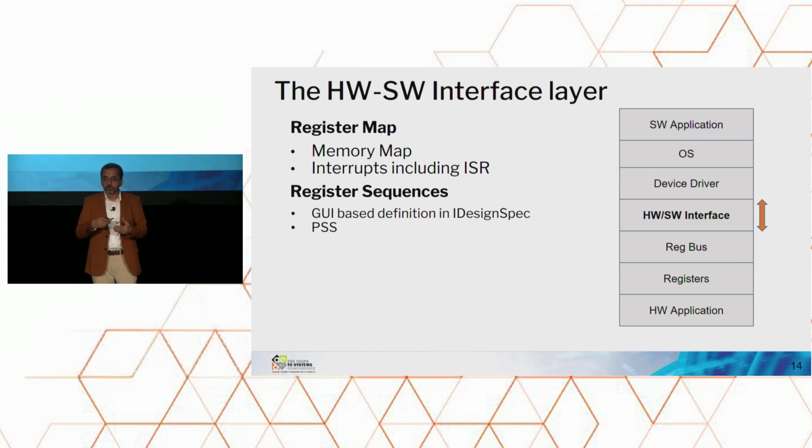How are these registers accessed? Say, for example, you're programming something. You will have to program these registers in a certain way. I'll give an example later on. But the point here is that the hardware-software interface layer has a storage, which is the registers or register files, and then there are sequences that act on those.